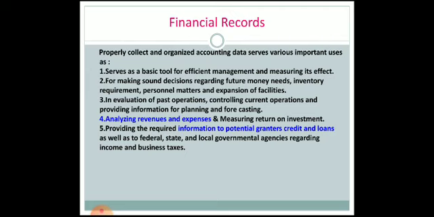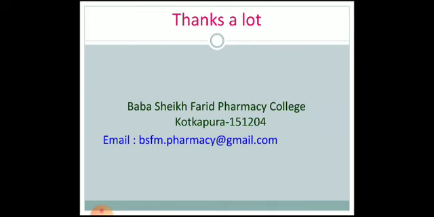Financial records are required to evaluate past operations, control current operations and provide information for planning and forecasting, analyzing the revenue and expenses, and giving information to potential grantors of credit and loans as well as federal, state and local government agencies regarding income and business taxes.